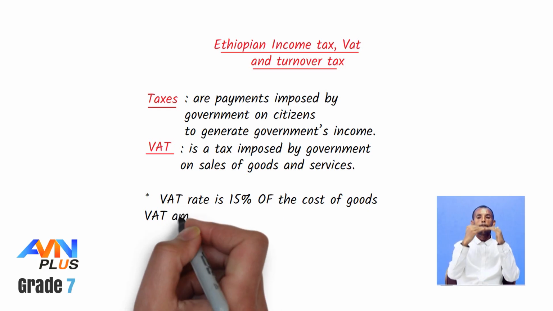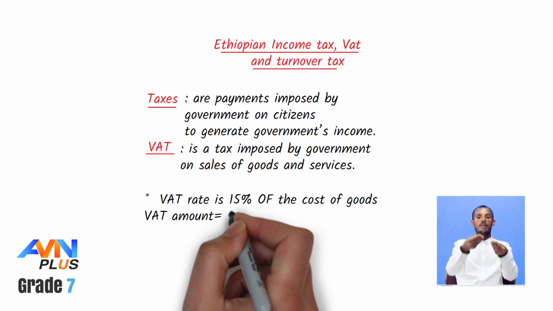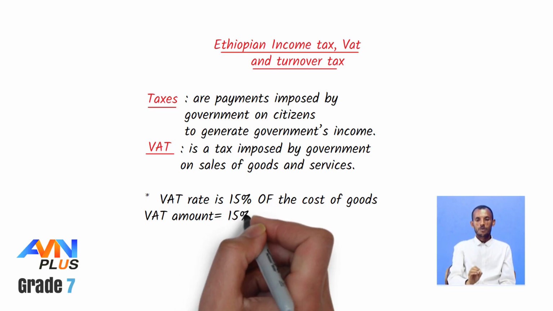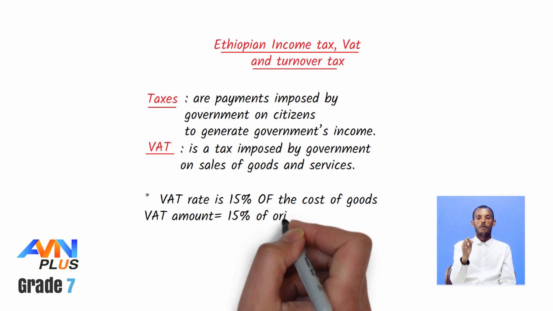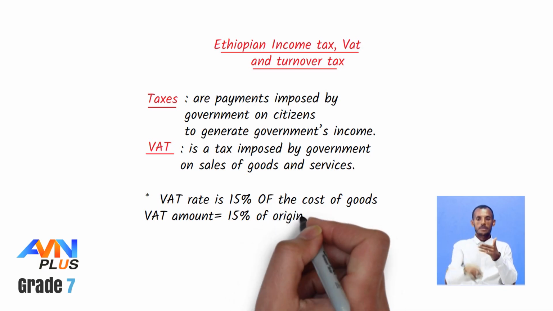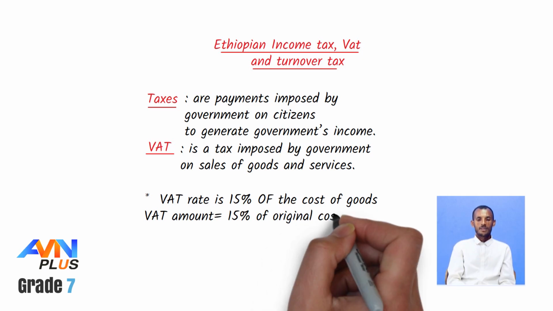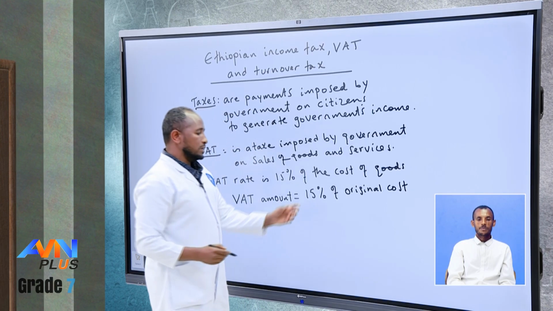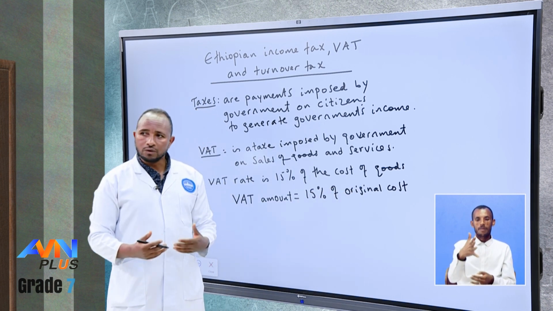The amount of VAT is given by 15% of the original cost, or the cost of the material. So simply you multiply the cost by 15% and then you can calculate the amount of VAT.